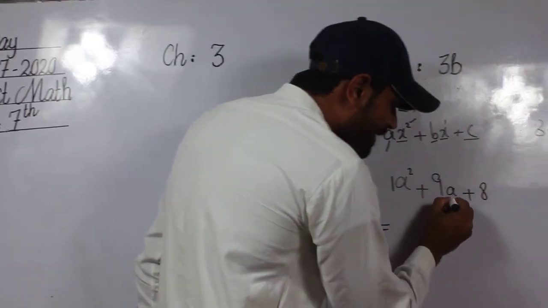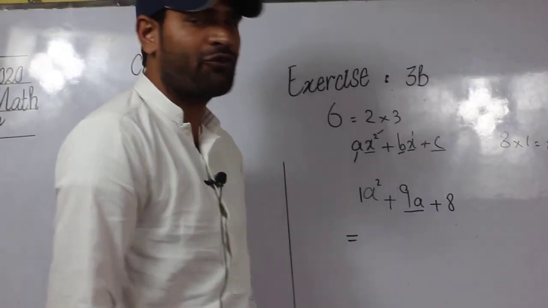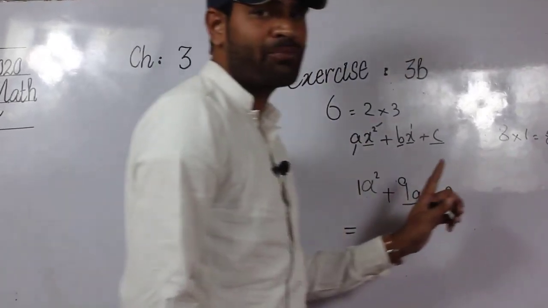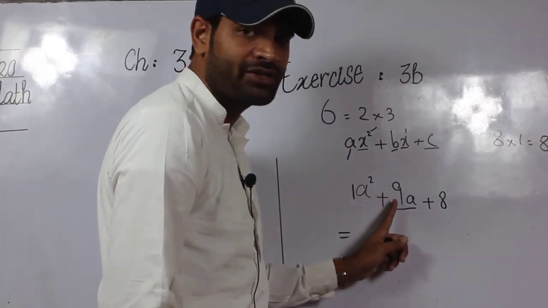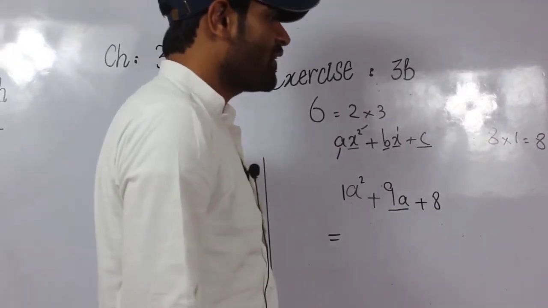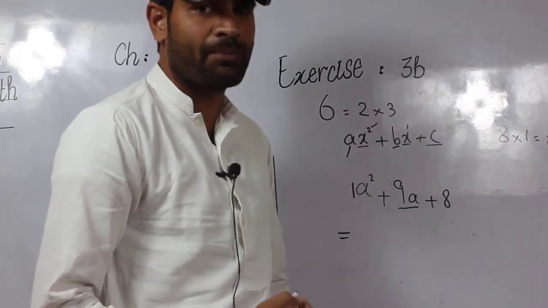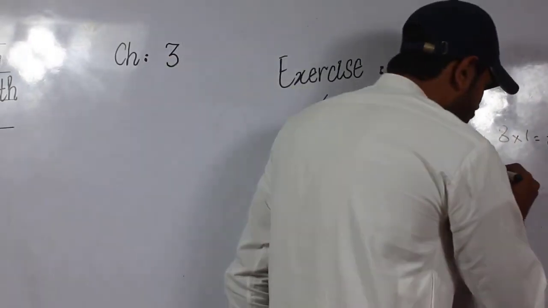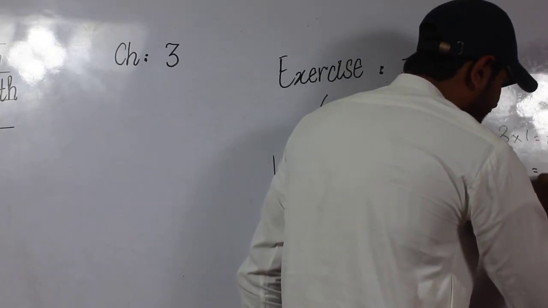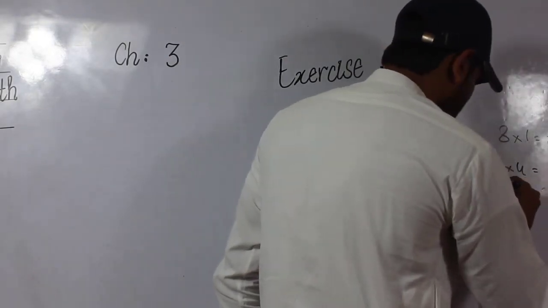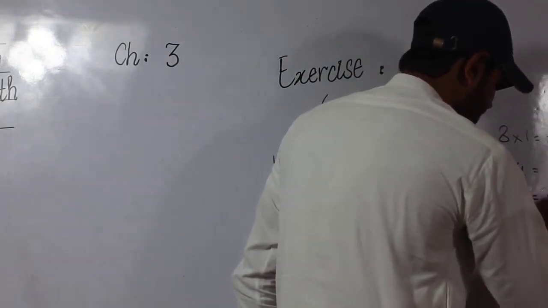So we break the middle number into parts which, when simplified, give 9a. First we find the numbers whose product is 8. So I have two pairs: 2 multiplied by 4 is 8 and 8 multiplied by 1 is 8.